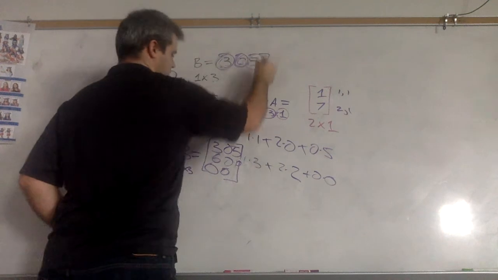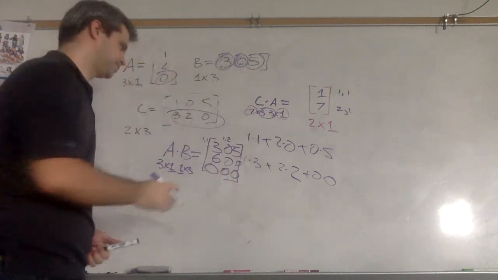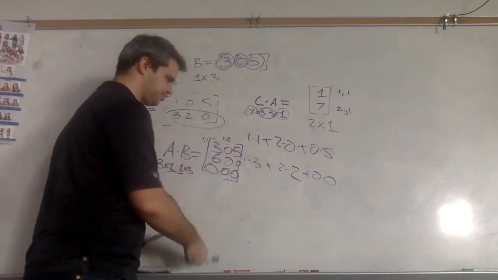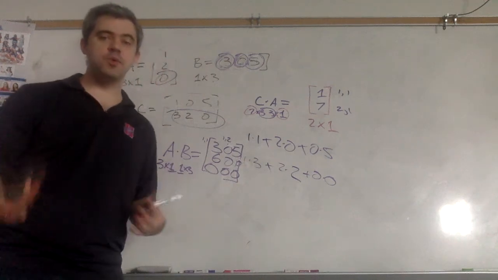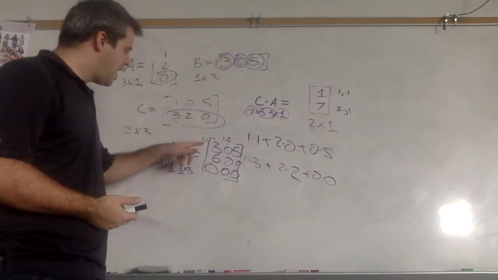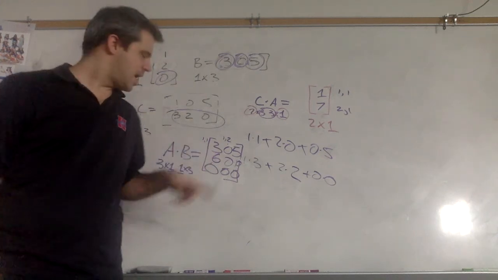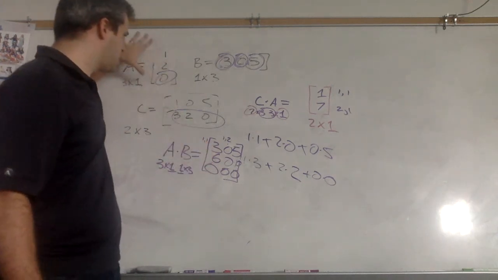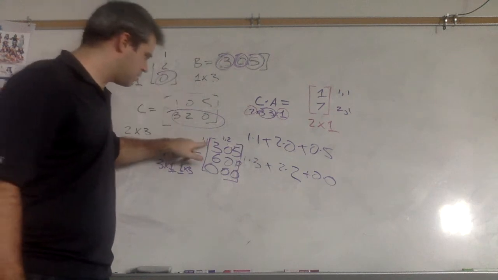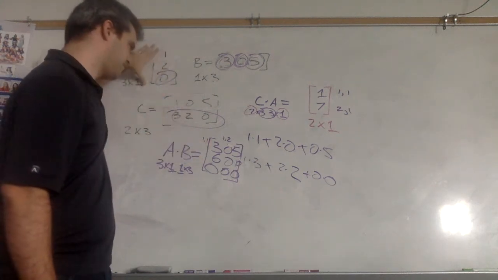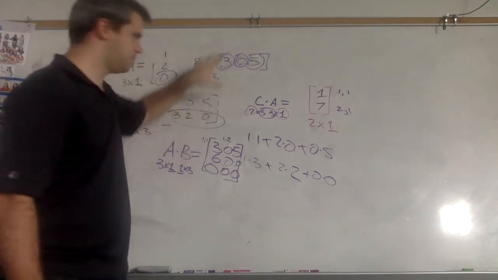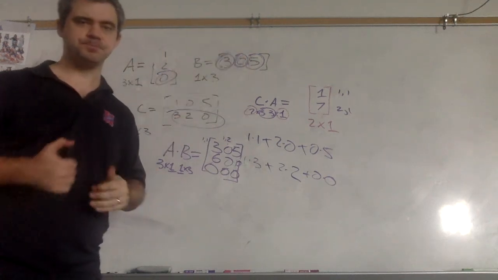Row 3, column 3. All right. And that would be my final answer. So whatever my location is, I'm looking at that row in the first matrix and that column in the second matrix.